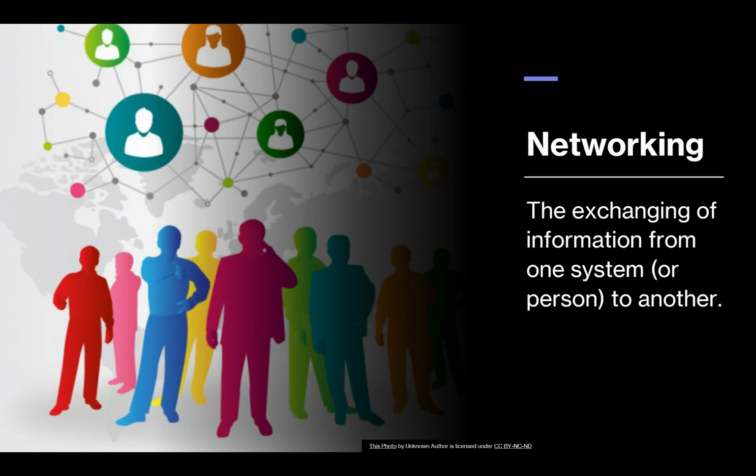Now, networking can also be computers exchanging information with one another instead of people exchanging information with each other. So, for example, data from one computer is sent to another, an update from one big server to another smaller computer. This is your router communicating with your laptop. This is a lot of networking happening at a lot of different levels.